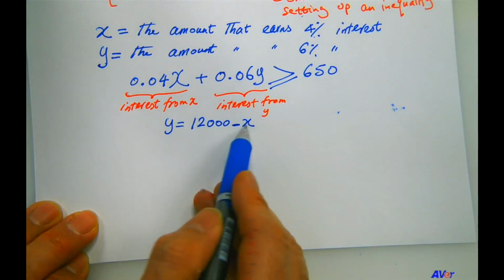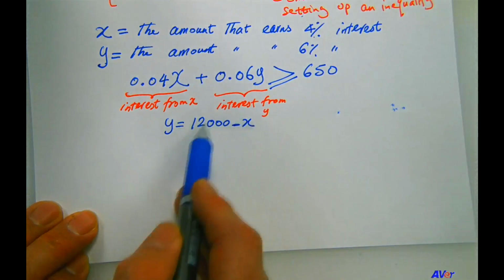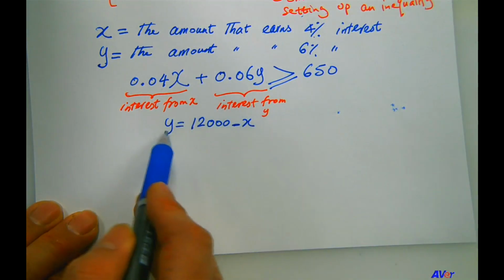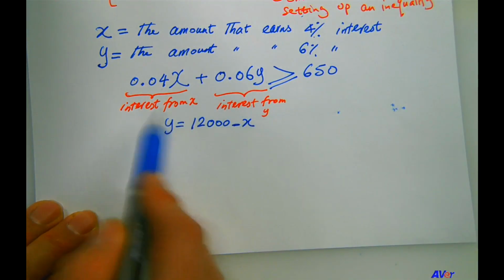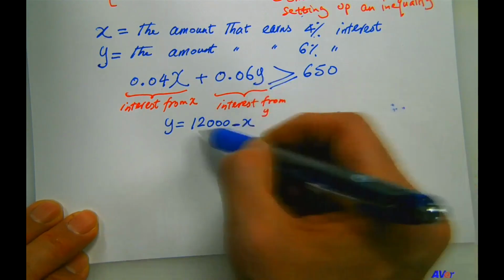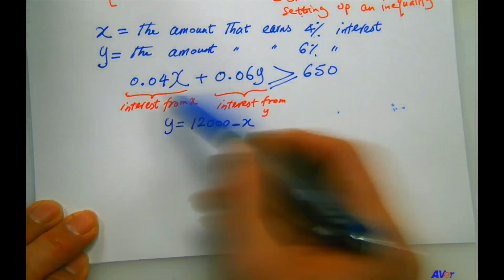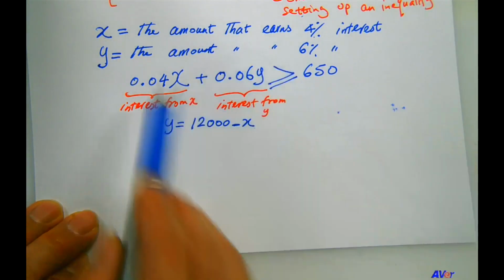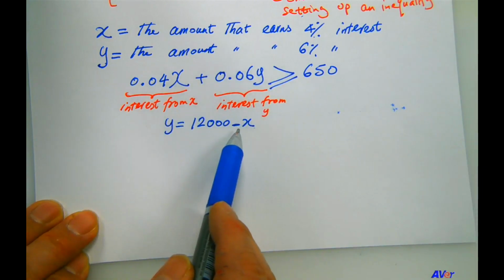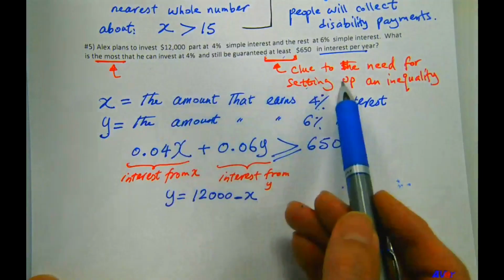Whatever the amount that went into account X, subtracted from 12,000, that would be the rest of this amount that goes into account Y. So Y is equal to that. So we can replace Y in this inequality by its equivalent, and then we'll end up with one inequality with one variable. And then we can solve that.